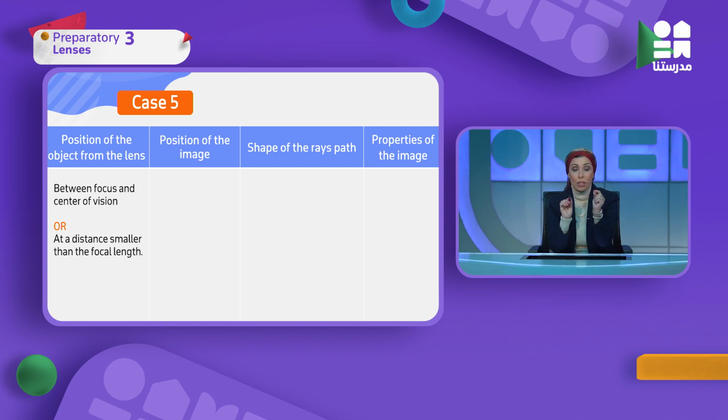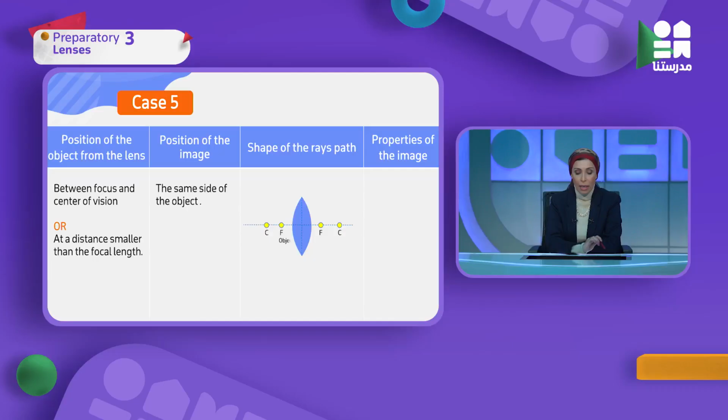The lens's optical center and the focus are between them the focal length, and I came even closer, so at a distance less than the focal length. So let's see how it looks. This is the lens and this is the object, between the focus and the optical center, the closest point to the lens.